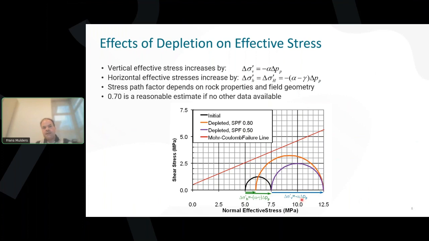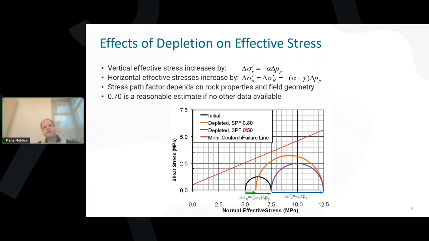It's almost the entire pore pressure change times the Biot factor. The horizontal effective stress changes from here to here. The increase is much less because it's basically the Biot factor minus that stress path factor. So if I would be on a fault, I move from this point to this point, and you see that you are roughly parallel or moving away from this failure line. So you are okay for a stress path factor of 0.5.